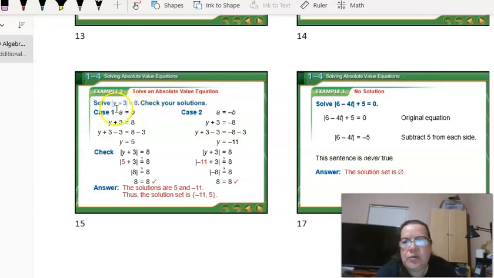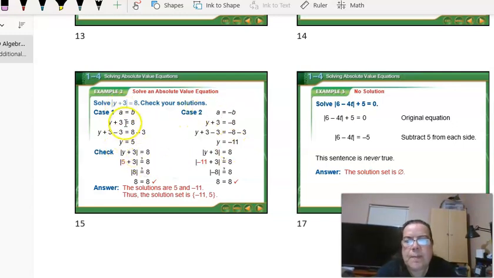But see, we don't know if y plus 3 was a positive number or a negative number? So you have to work it using both cases. You pretend that, hey, maybe this left side here was negative or it was positive. So that's why you end up with having 2 cases.